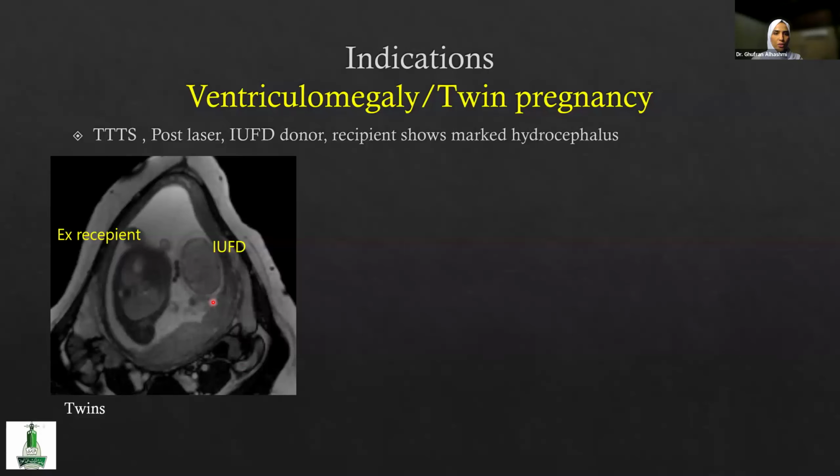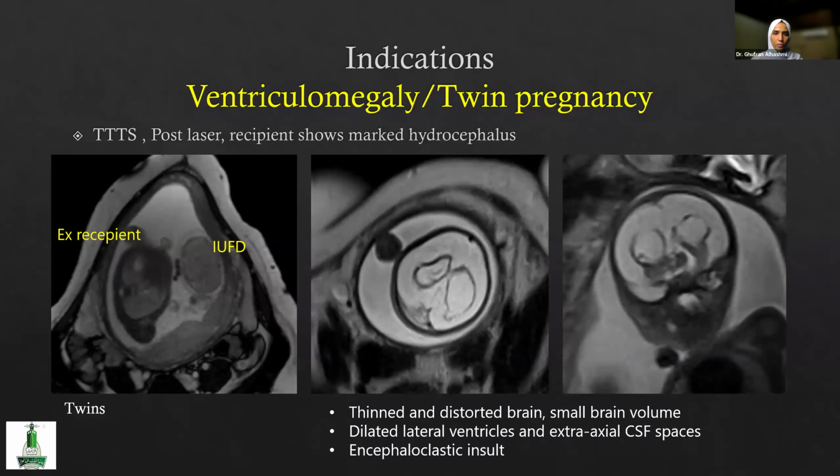Here shown is the IUFD donor, and here's the ex-recipient. And this is the brain of the ex-recipient, and you notice that the main abnormality for this fetal brain is that there is barely any, if at all, residual brain parenchyma. There is severe loss of the brain parenchymal volume, leading to the ventriculomegaly seen by ultrasound.